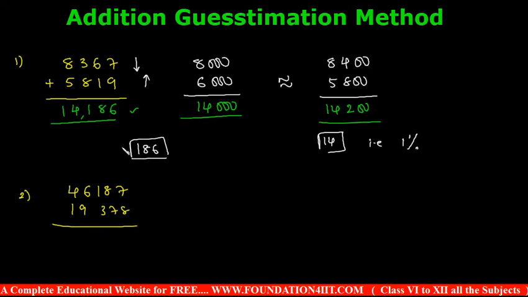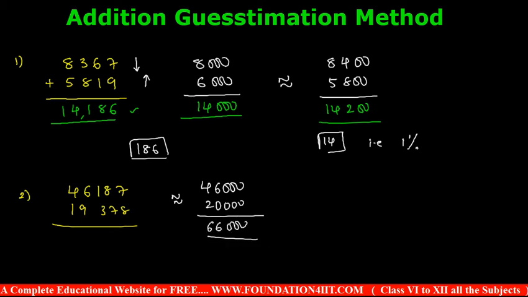Let us see how much the percentage difference is. Nearest to the thousands, 46,000 and 19,378 becomes 20,000. Directly we can write this as 66,000.